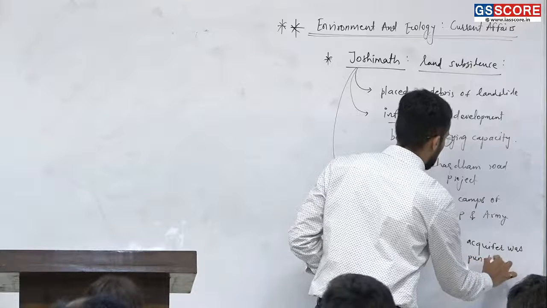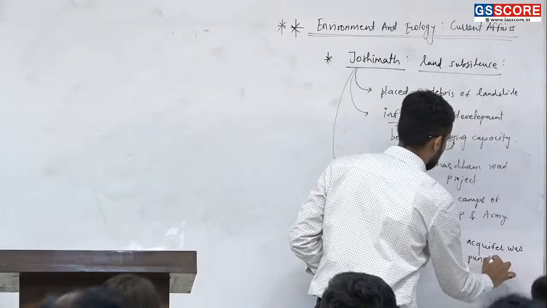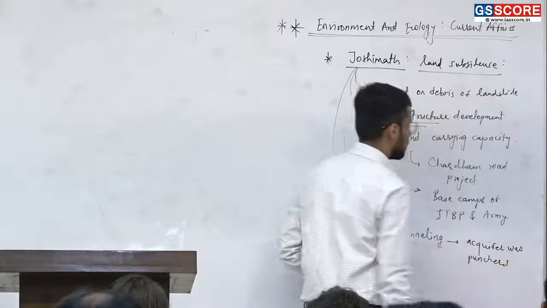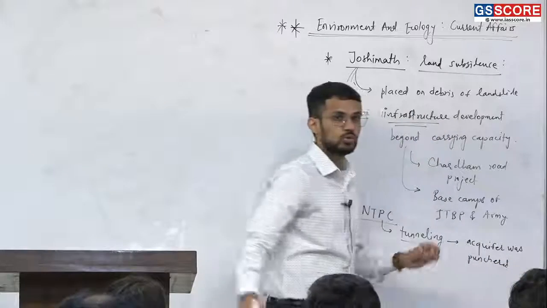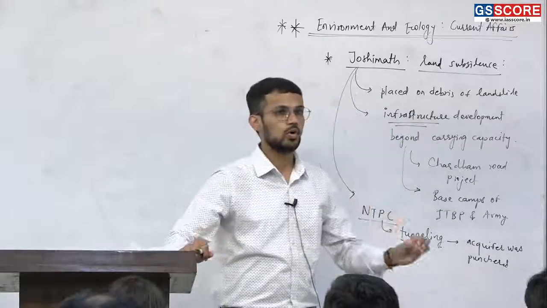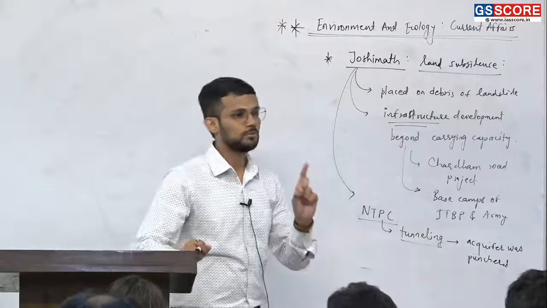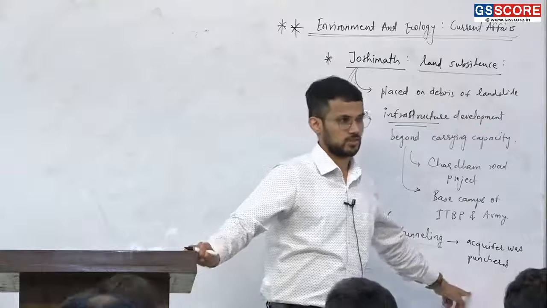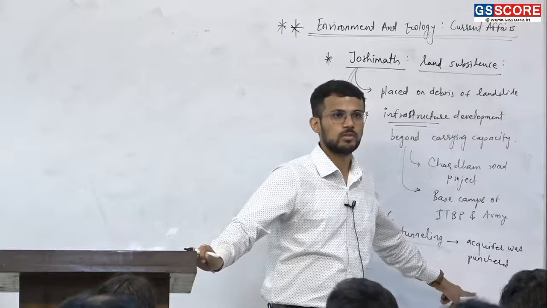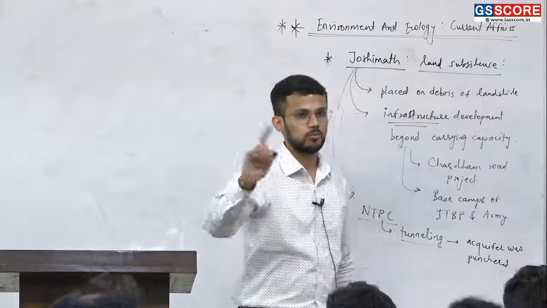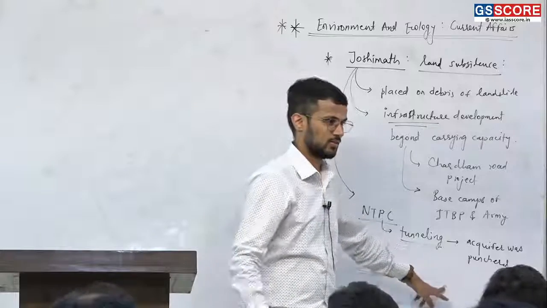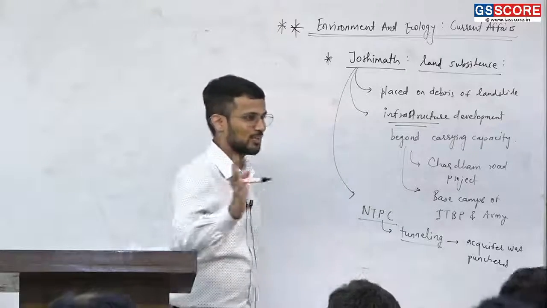And this punctured aquifer led to release of a huge amount of water. And local people in Joshimath blame this. But at the same time, government bodies are not blaming this. So you can imagine what can be the reason.